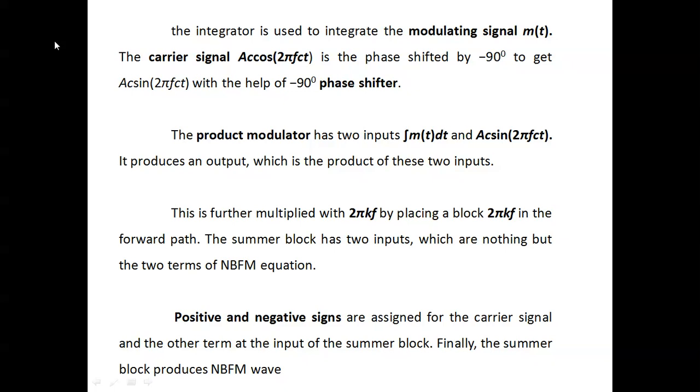After that it is multiplied by 2 pi kf, and this term of the narrowband FM equation is sent to the summation. The carrier signal is also added to the summation, and finally you get the output s(t). The positive and negative signs are assigned to the carrier signal because of the 90-degree phase shift.